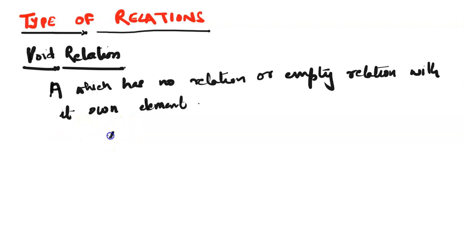We say that if there's A cross A, or A Cartesian product A, and there's a relation which has phi, there is no relation. It's also a subset of A cross A. So that's a void relation.